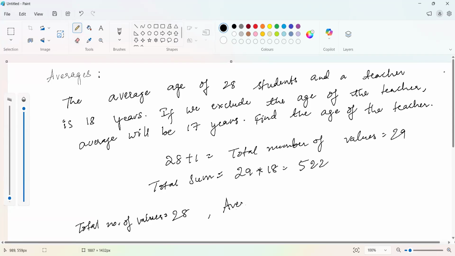The average is 17. Therefore, total sum will be 28 into 17. What is it you are getting? 476. Now you subtract these two and see what is the value you are getting. Is it correct? All of you are getting same value?